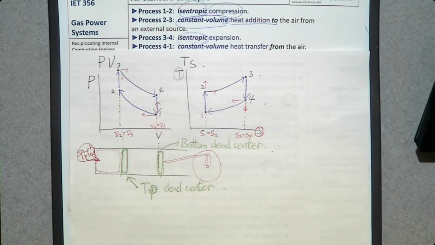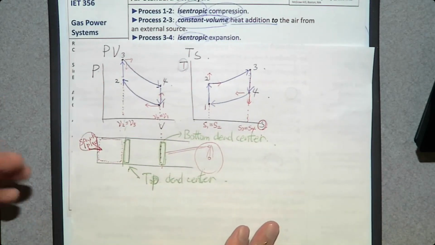Then let's talk about the energy balance equation. How can you study the energy balance equation? There are two energy balance equations that we studied in thermodynamics. One is for a closed system. The other one is for an open system. So is it a closed system or an open system?